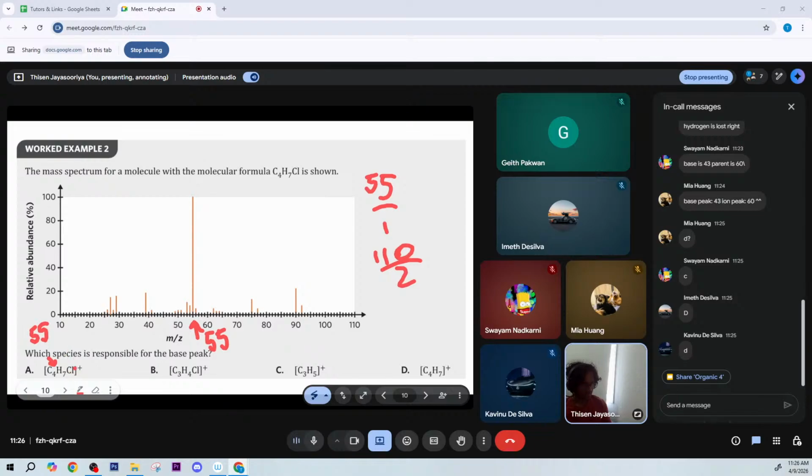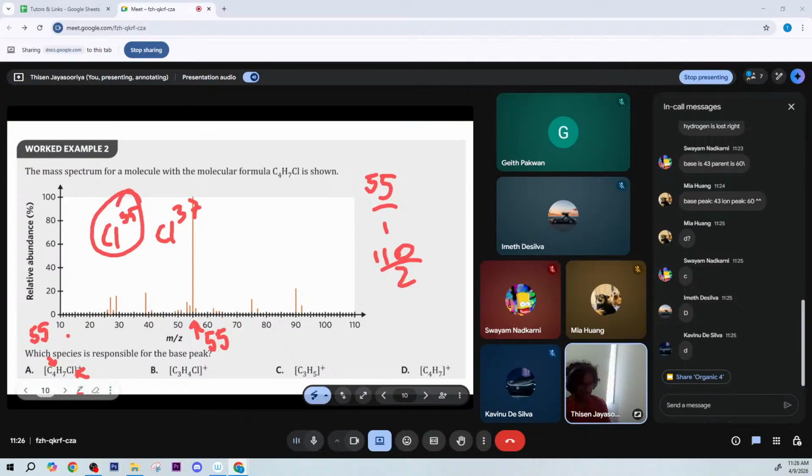And then we add the chlorine. Here, we don't consider chlorine having its regular molar mass of 35.5, because that's a ratio of its relative abundance. We just consider it as 35. So either 35 or 37, and we're going to assume 35 because it's the most abundant one.